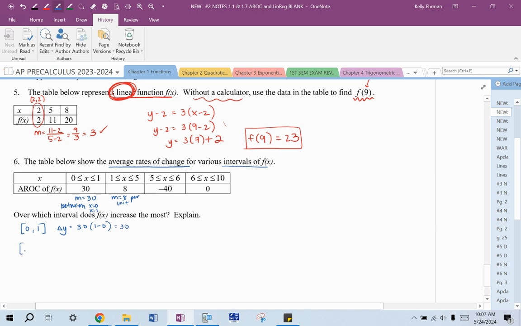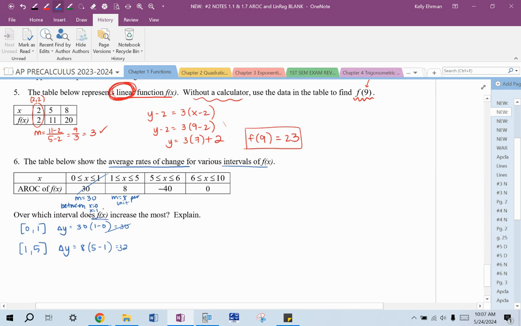But what about from 1 to 5? What's the change in y going to be? We have a slope of 8, but the x values are changing from 1 to 5. You're going across a span of 4 x values. So what's 8 times 4? 32. So already this one's out. 32 is the largest increase for the y values.